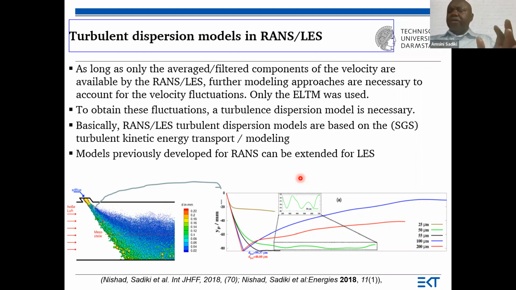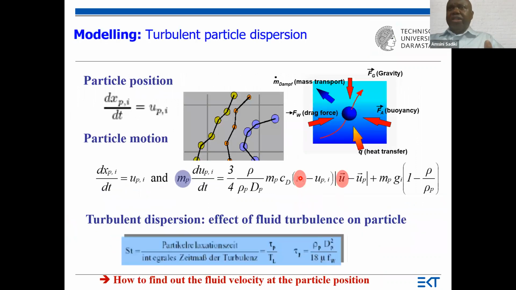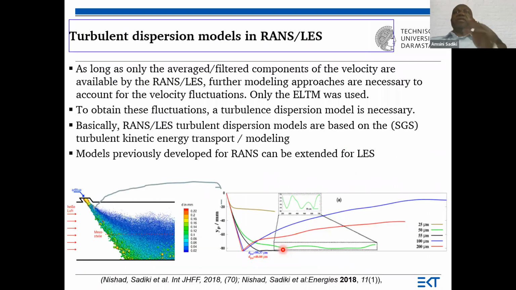But the correct criterion is to calculate this Stokes number here. And if we have this number in the different ranges I have told you, then you are on the correct side.